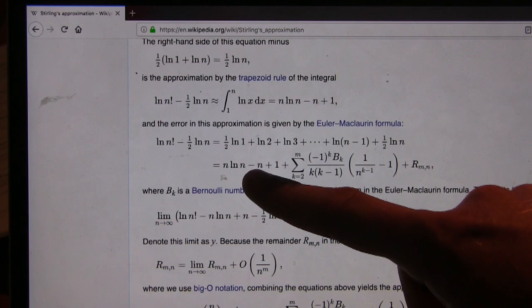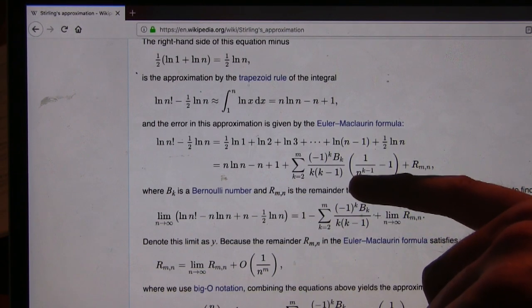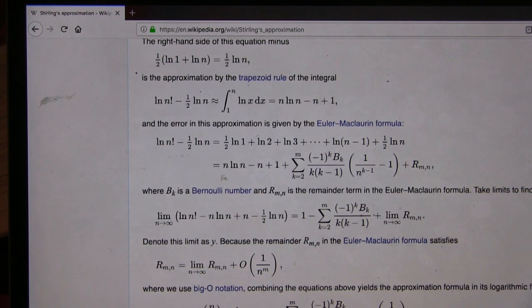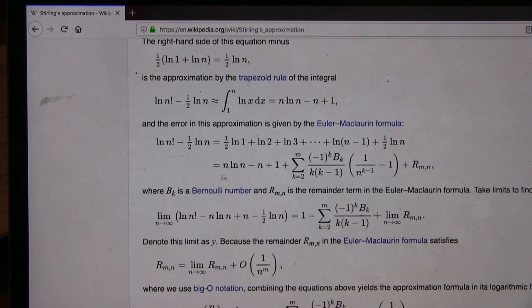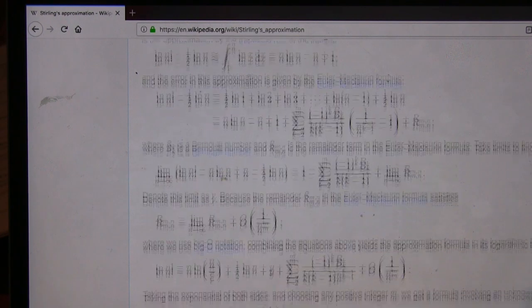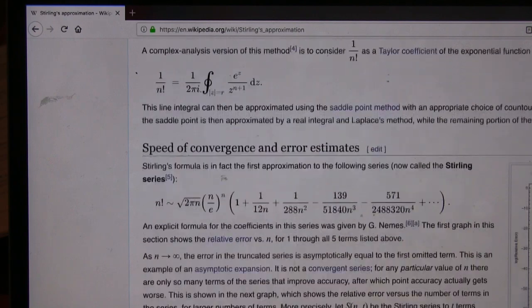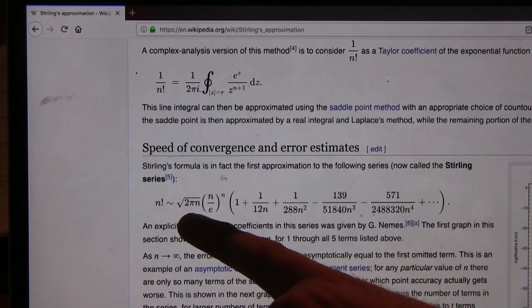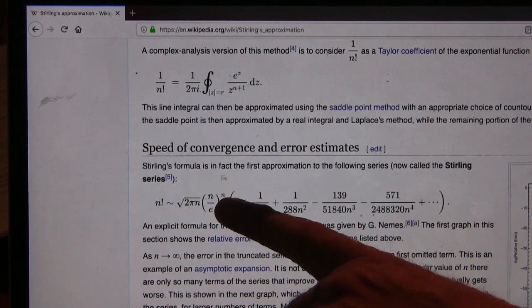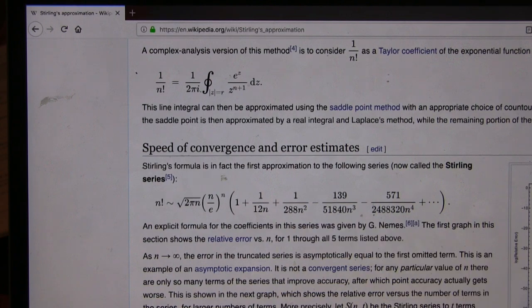So there's the first approximation. And then there's a series of correction terms after it. Here's the first correction term. And I thought I saw down here, n factorial is approximately root 2 pi n times (n over e) to the n, and then with these error terms, which is also remarkable.